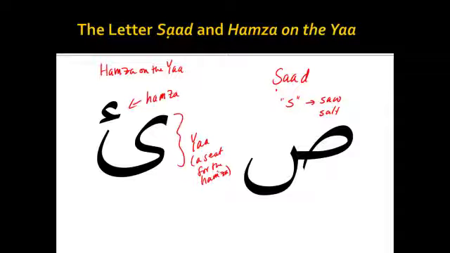So far we've had three seats for the Hamza: Alif, Waw, and Ya. And this is our final seat for the Hamza. And of course, the Hamza on the Ya sounds just like the Alif Hamza and the Hamza on the Waw.